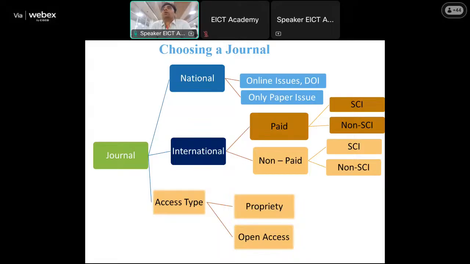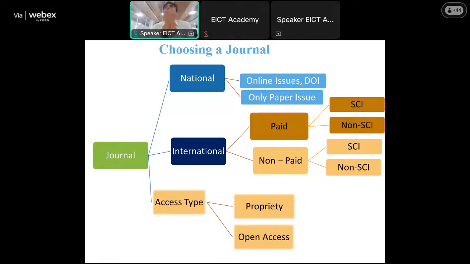Ankur has a question: how can we know the indicating benchmark that our paper should satisfy to get published in SCI? I think, Ankur, you are asking how you can decide whether your paper can be published in an SCI journal or not.